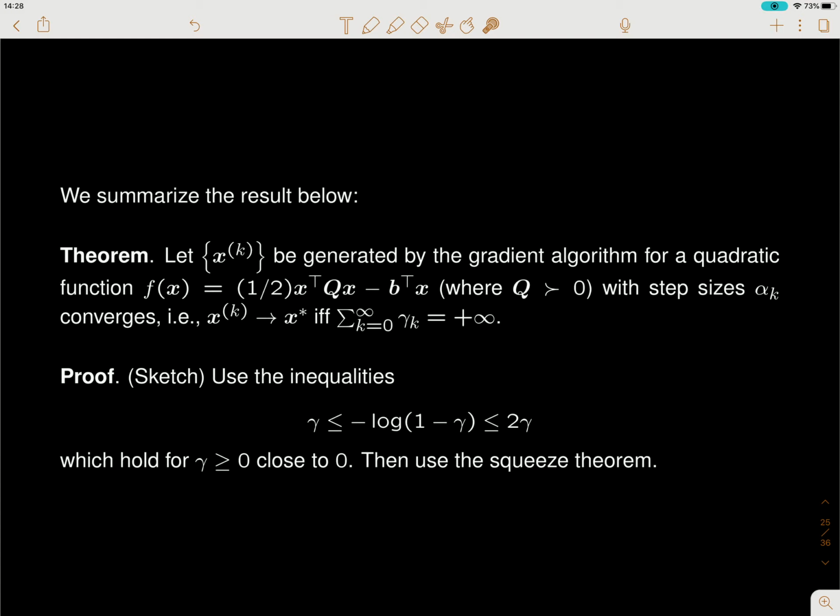Okay, so why is that true? The reason is, if you look at this quantity here, this is true for all gamma greater than 0. So the negative log.